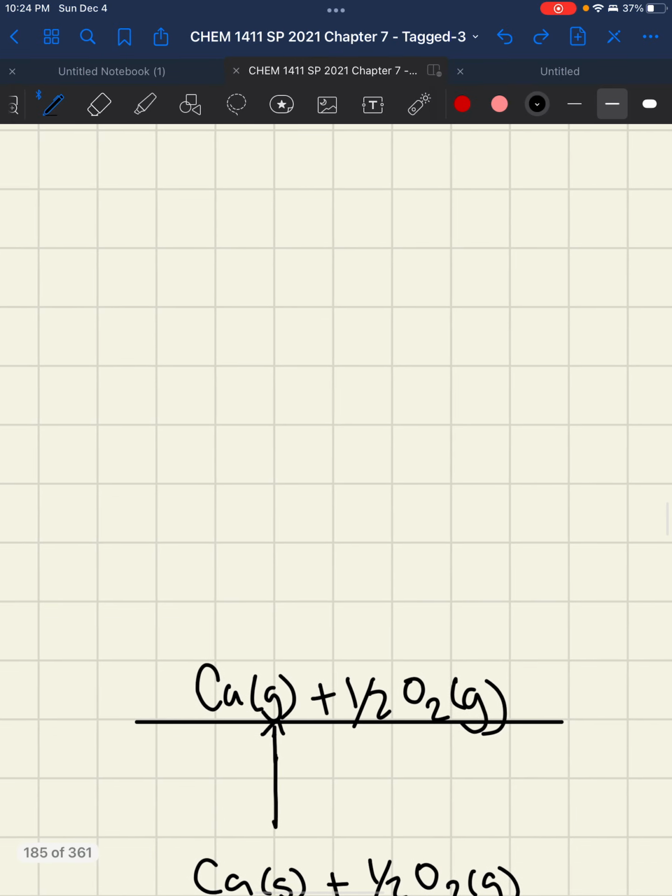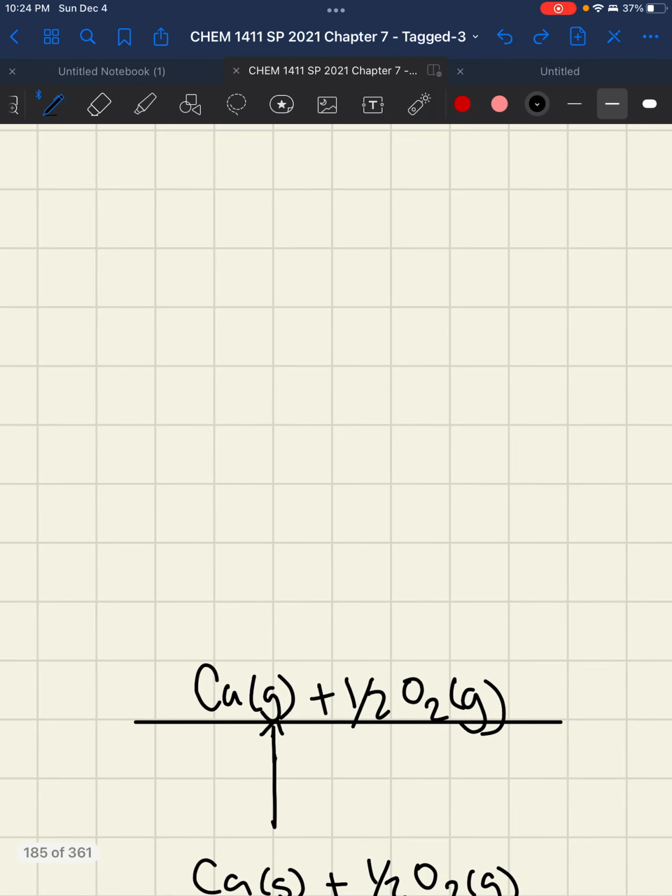We're going to do that through ionization energy, which is essentially removing electrons from a neutral atom, or it can also be an ion. I believe it is an endothermic process, since we're removing electrons.